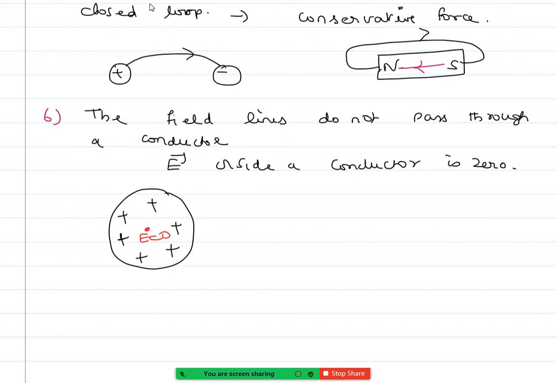The electric field intensity at the center of the conductor will be 0. Is it clear? Yes, ma'am. So electric field lines will not pass through a conductor.